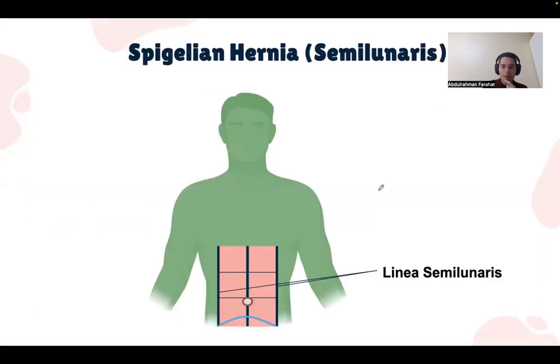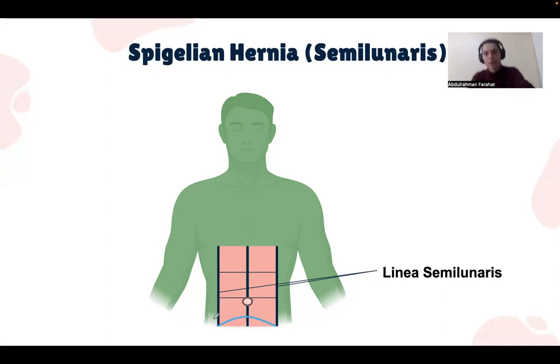Okay. Now to the Spigelian hernia and our final hernia for today. We said that for a hernia at the linea alba around the umbilicus, you'd have a para-umbilical hernia, and a hernia at the linea alba between the xiphoid process and the umbilicus, any area between there, would be an epigastric hernia. Now, the Spigelian hernia is a hernia on the linea semilunaris.